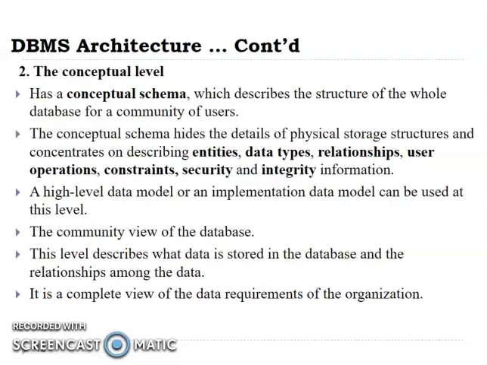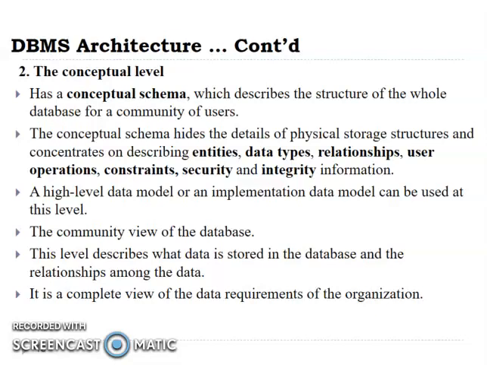So from this definition, we understand the conceptual schema is focused on the conceptual view. There is no implementation in the conceptual level, only what? Concept.